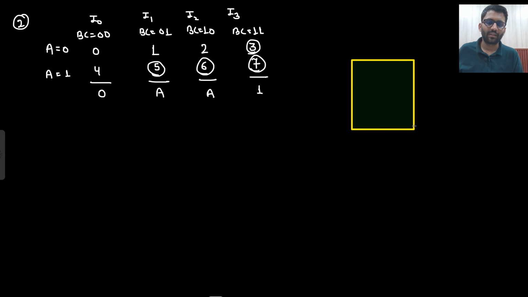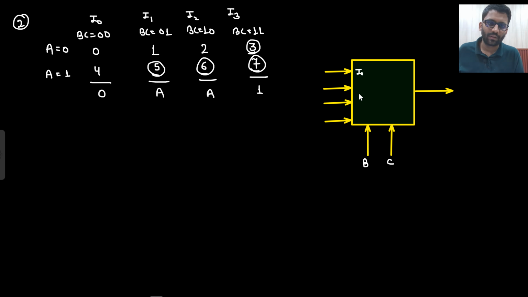So if I make it in this manner, BC as select line, and 4 input lines will be there, and 1 output line will be there. So starting from I0, I1, I2, I3: 0, A, A, 1. That's the answer.